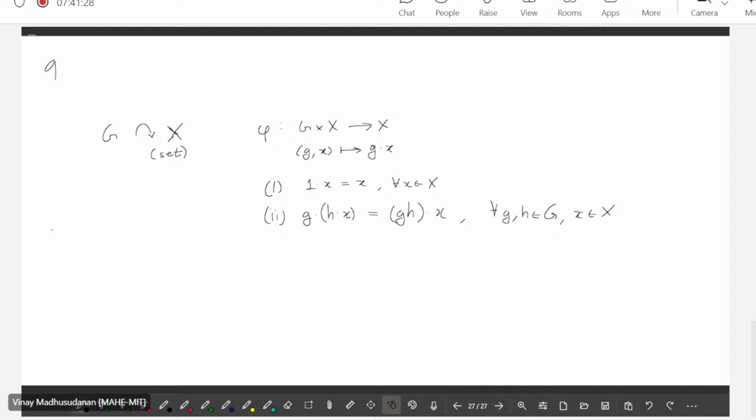Then, as soon as you define this, we have some definitions associated with this.